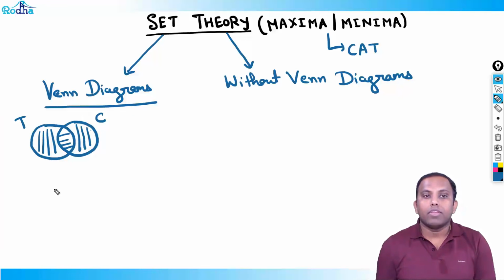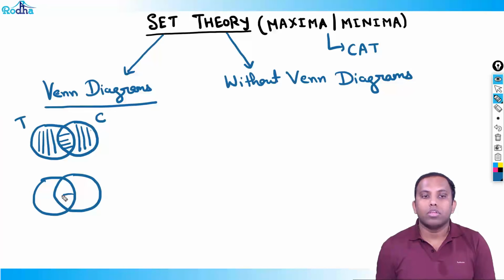Then we can draw a Venn diagram for three sets also. Suppose people drinking tea, coffee, and juice. This part denotes people drinking all three: tea, coffee, and juice. This part denotes people drinking only tea and coffee, outside juice.